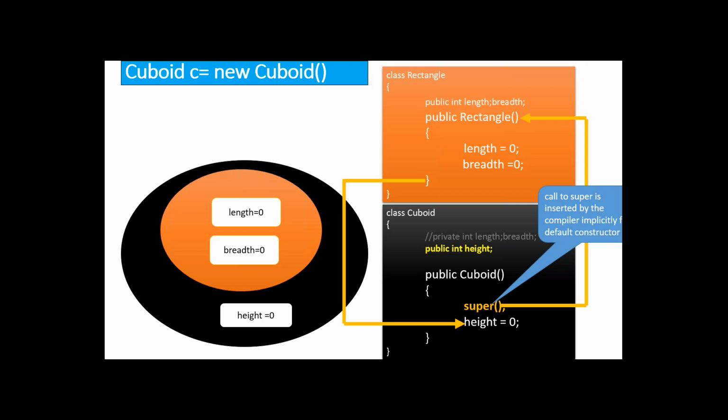Rather than saying super inserts length and breadth to the child class, you can say super will transfer the control from your child class to the parent class, wherein it will create the object for the parent class. First it is rectangle, second is the child class. So, okay, fine. You are clear with this? Any doubts on this?